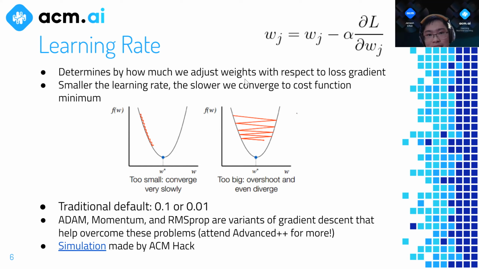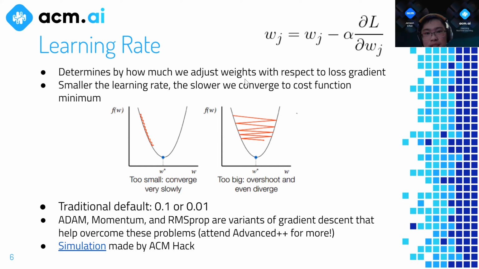But there are smarter ways to do this. This is where optimizers like Adam, Momentum, and RMSProp come in. These optimizers are basically variants of the gradient descent algorithm that change the learning rate during training in a very smart way that helps overcome these problems.